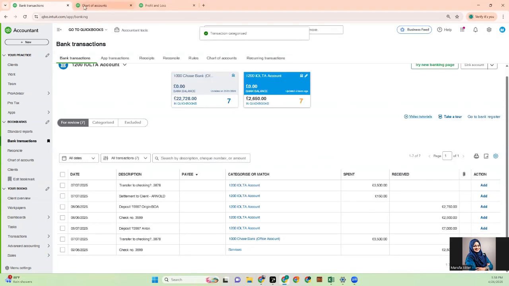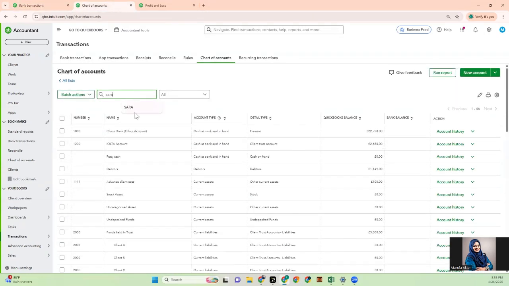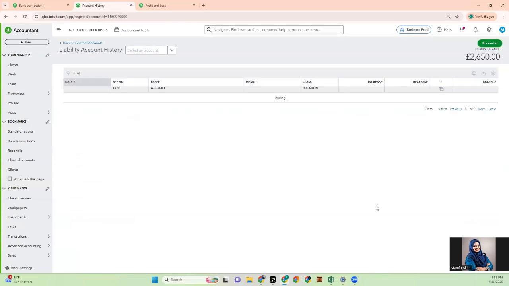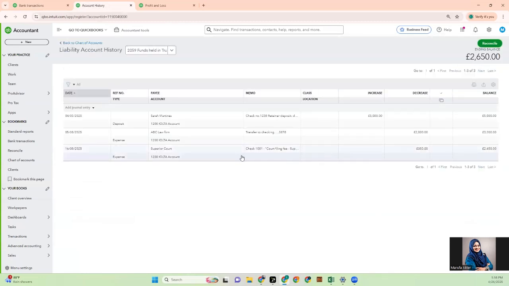Now add. Now let's check what happens. Sarah, you see the balance has changed. Now we can see the real and accurate transaction in Sarah's client trust ledger: the original $5,000 retainer deposit, the $2,000 transfer as earned fees, and now the $350 court filing fee.